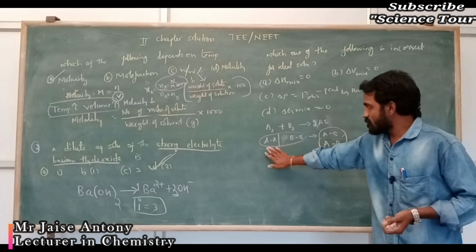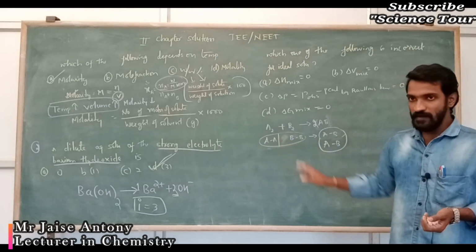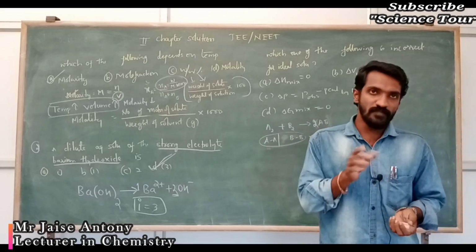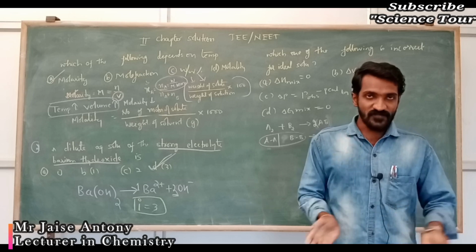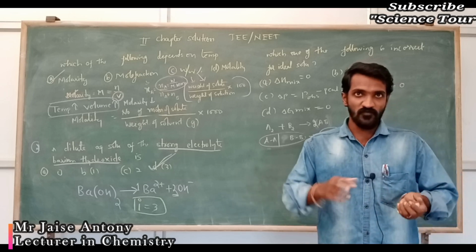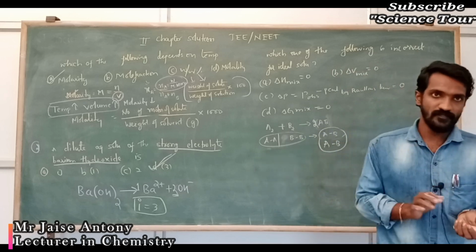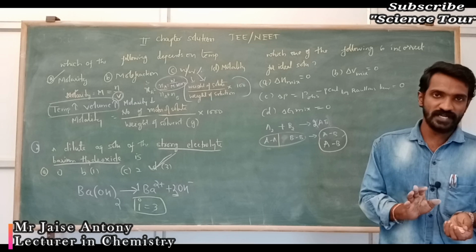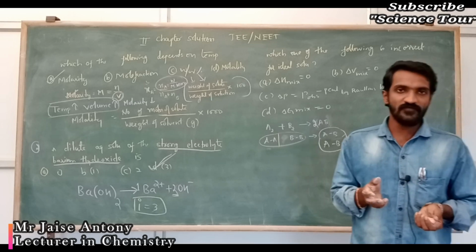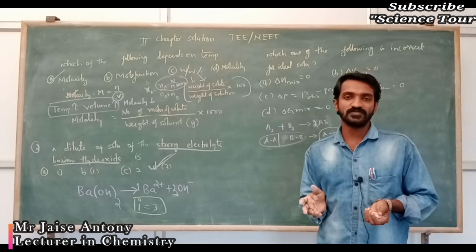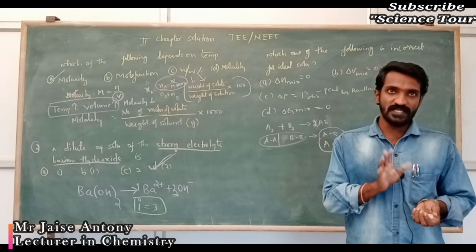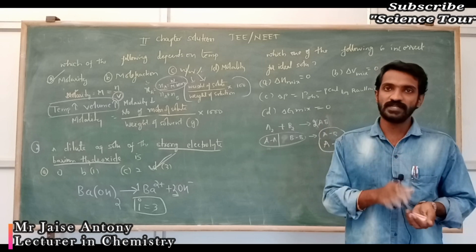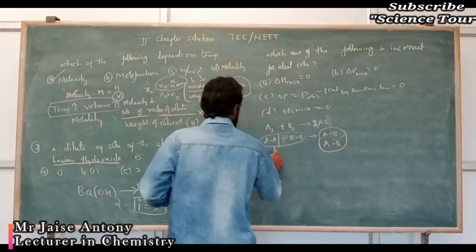See, before mixing, AA in the pure state and BB in the pure state have a force of attraction. After mixing A and B, the force of attraction changes to AB attraction. What does ideal solution theory say? Before mixing and after mixing, the force of attraction remains constant. That means here what force of attraction is there?